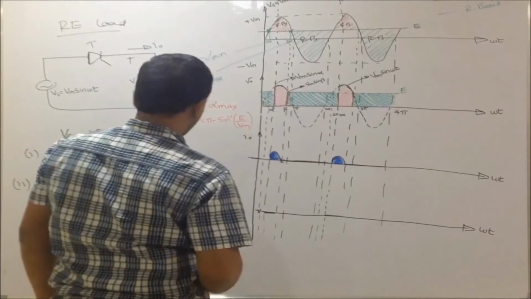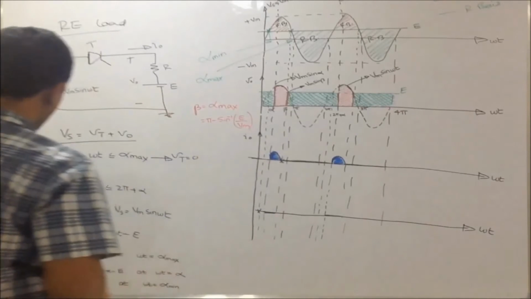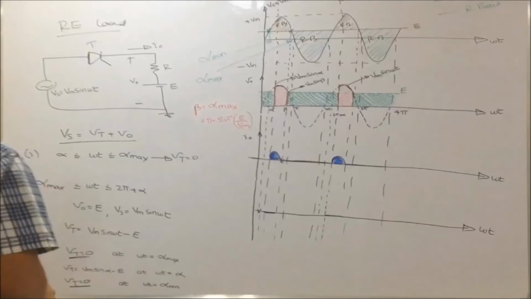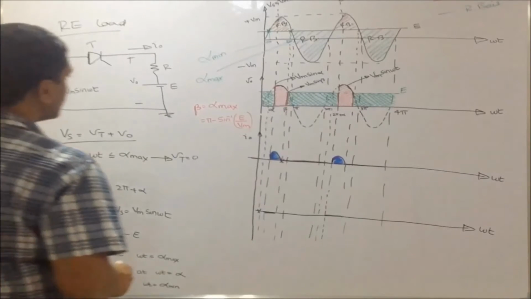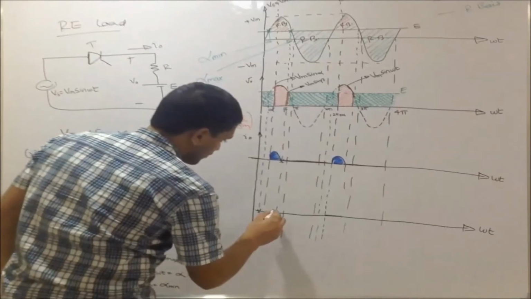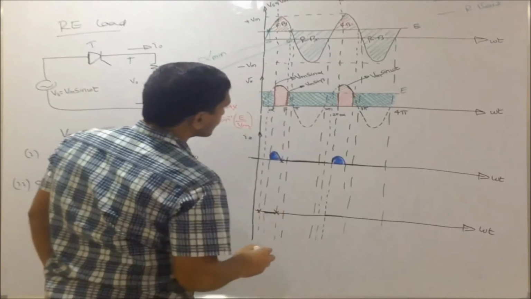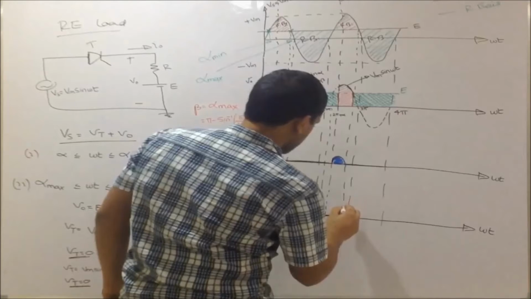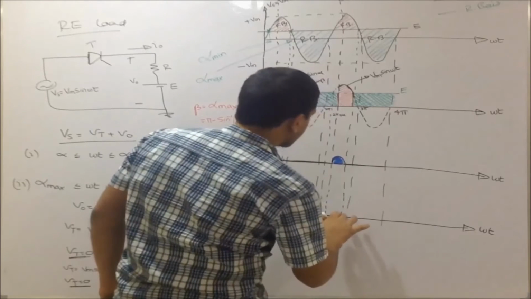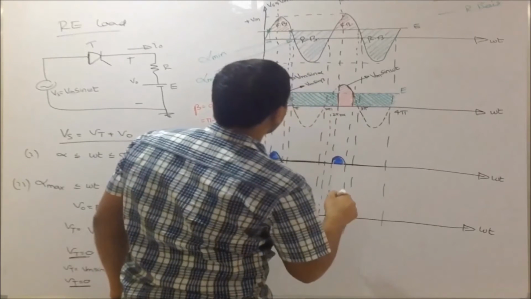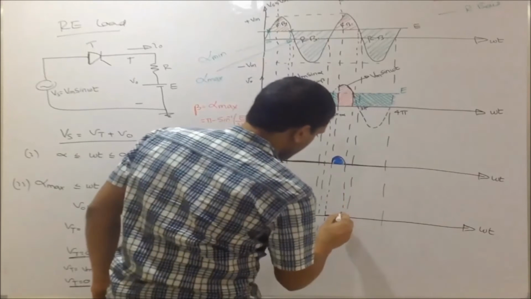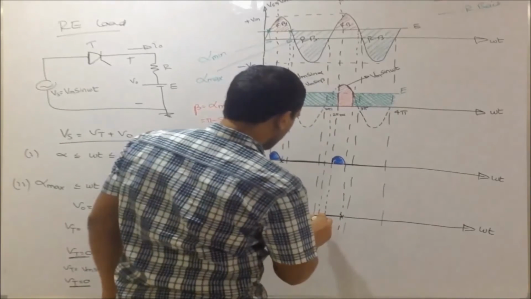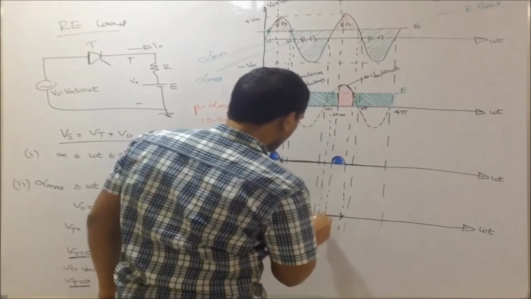And similarly, at alpha max, the voltage across the thyristor is 0. Here also in the second cycle, the voltage across the thyristor at 2 pi plus alpha max is 0, and similarly at 2 pi plus alpha min it is 0.